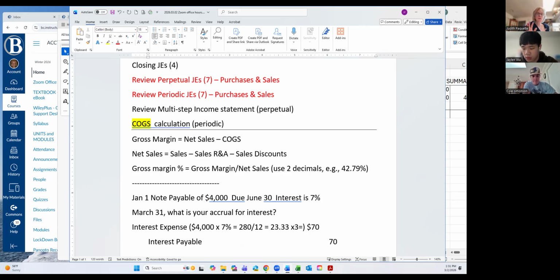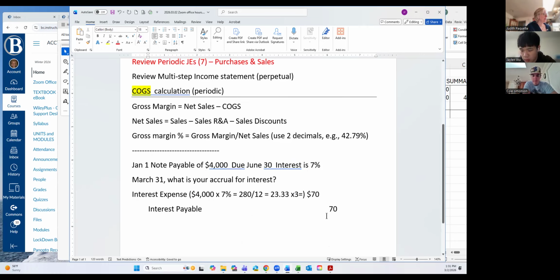Okay, thank you. So you all have 7 adjusting journal entries. And that's not quite accurate because some of them can be applied to other situations, but I'll go through those. So the 7 journal entries are 4 prepaids and 3 accruals. Interest is an accrual. So the prepaids mean that at some point there was an earlier thing that you bought or revenue that you earned, and now you're just using it up.